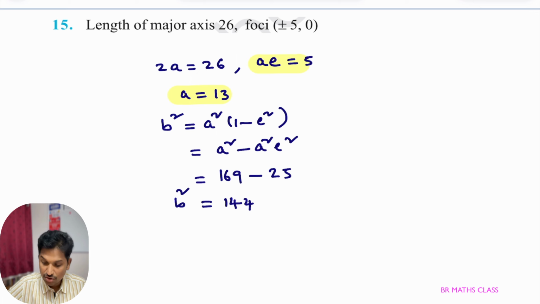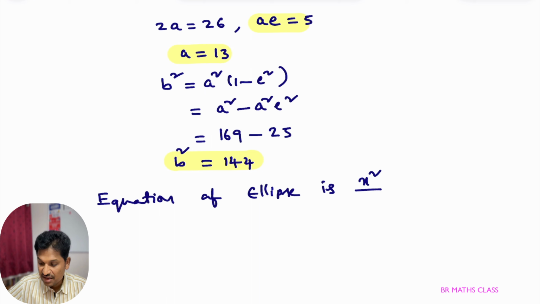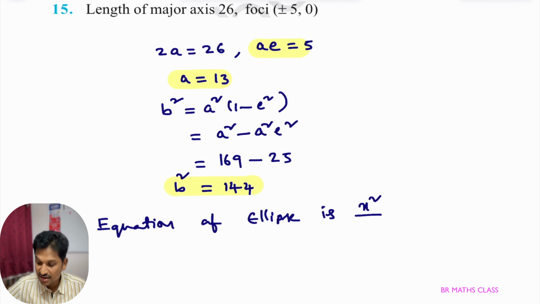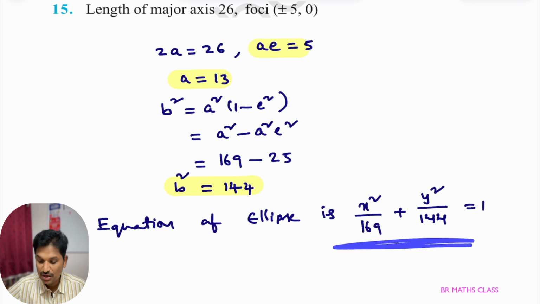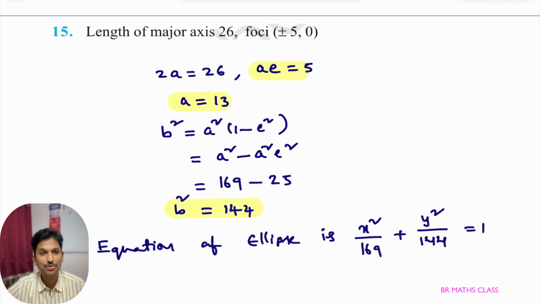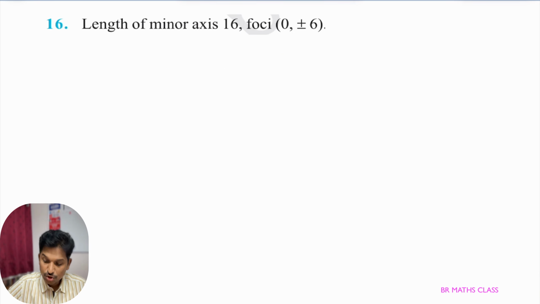So now you know a value as well as b value. You can easily write equation of ellipse. Equation of ellipse is x square divided by a square, as a is 13, a square is 169, plus y square divided by b square is 144, equal to 1. So this is the equation of ellipse when the major axis is 26 and foci is plus or minus 5, 0.